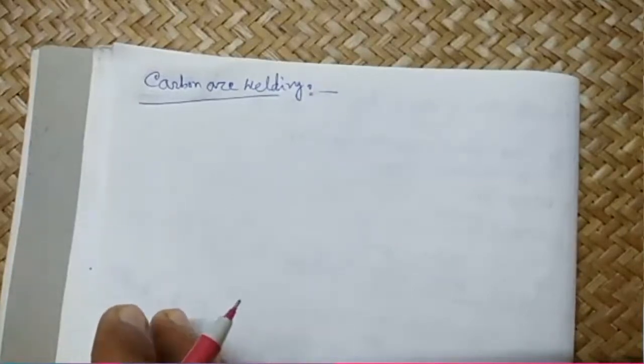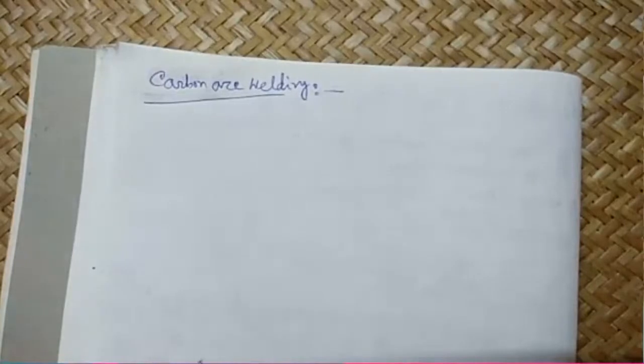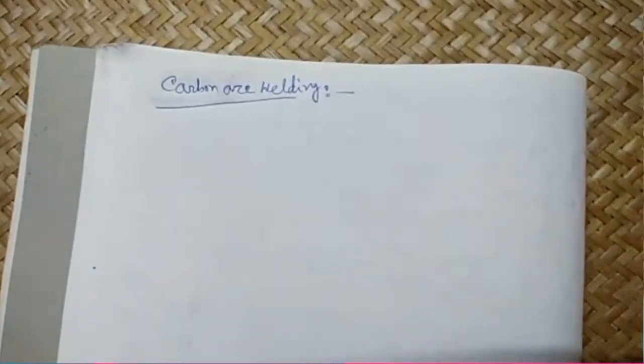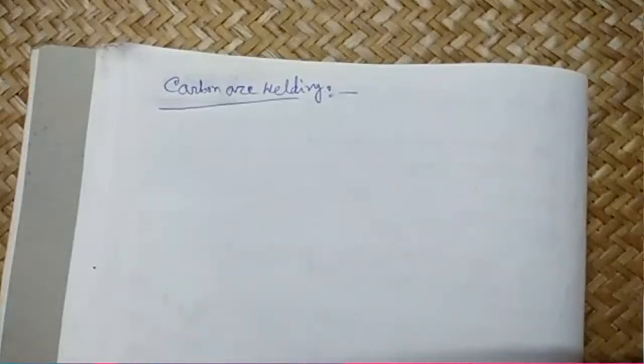So we use a carbon electrode, and the welding is carried out in air, or in an inert atmosphere. Inert atmosphere means inert gases are supplied from a cylinder through the electrode holder.